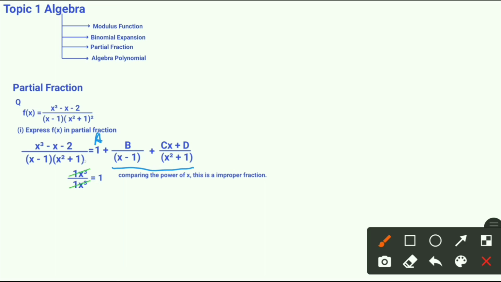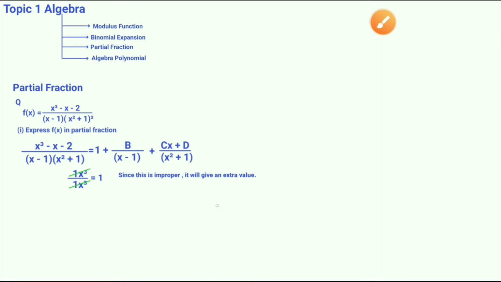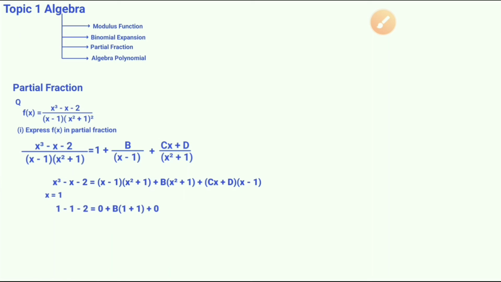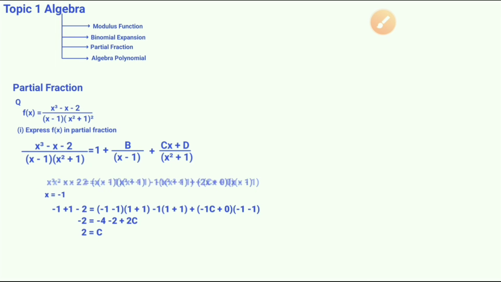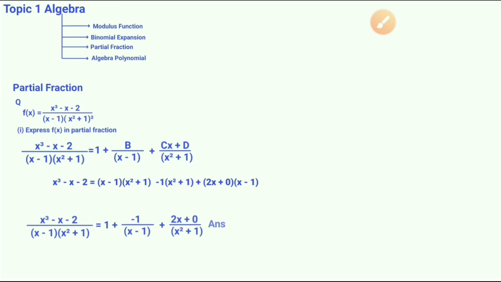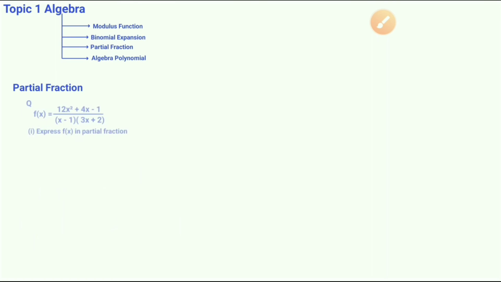This is A, this is B because this is linear, and this is quadratic, Cx plus D. Since it's improper, it will give an extra value. The factors are linear and quadratic. There you go, we get the answer.